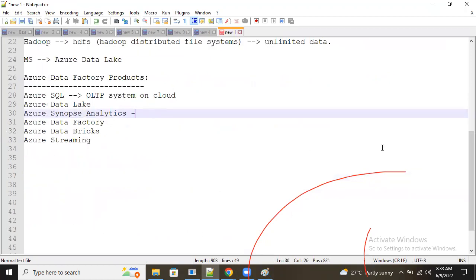Third point: Azure Synapse Analytics. Let me elaborate. I'm just having 2 days of data. Is this useful for our data analytics purpose? No, not at all.